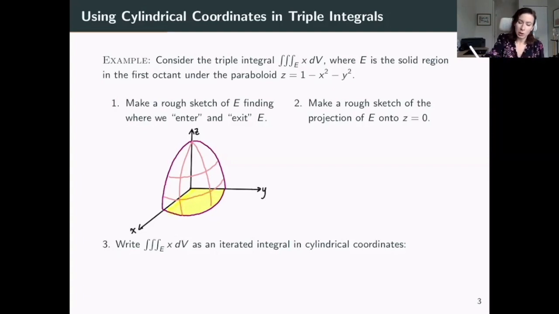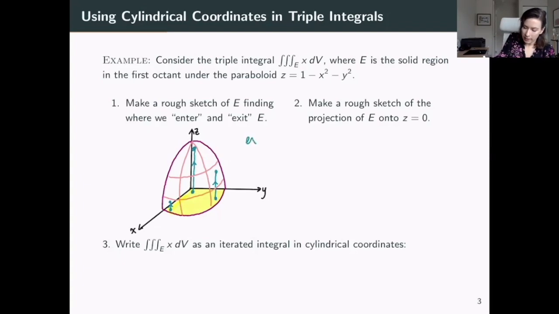And so if we're entering and exiting through this surface, we're going to have things that look something like this. So I enter and I exit. If I'm over here, I'm entering and then I am exiting up through the top, and so forth. Here I can enter, and then I can exit.